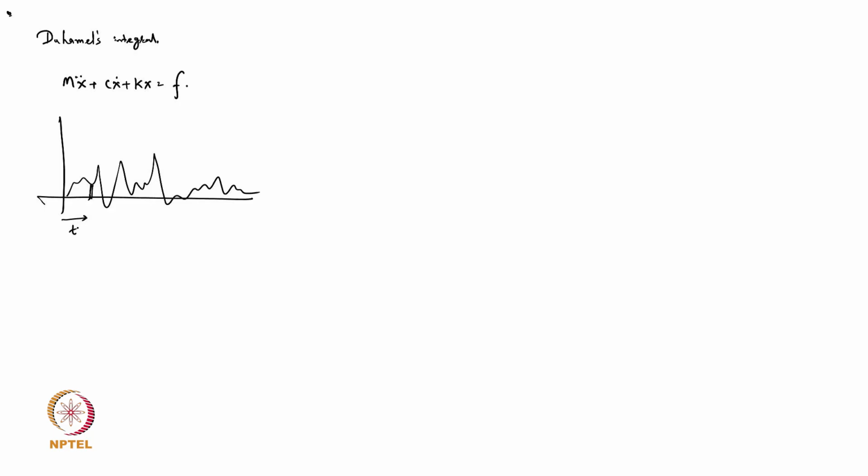Think that this force is applied at time tau, and after that we are measuring the time. So this is my time. Once this impulse is applied, what is the response of the structure? The response x of t should be equal to how much?